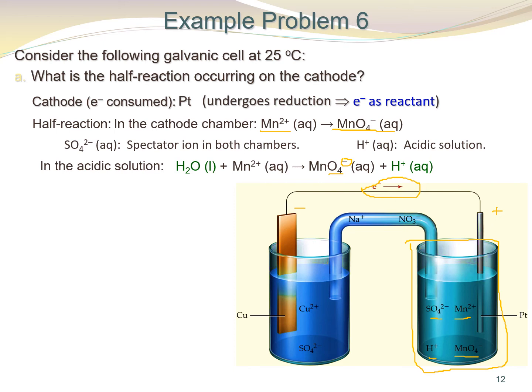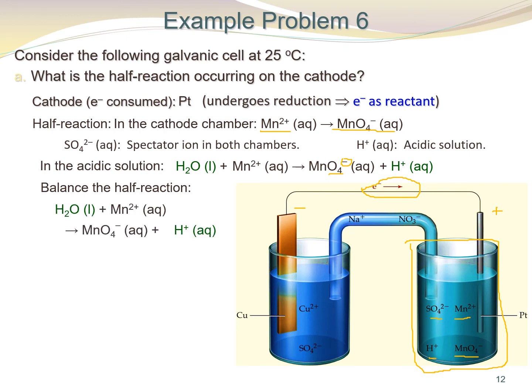Water is going to be on the other side with the manganese 2 plus. Balancing this half reaction is quite easy, because all we have to do is add 8 H plus and put 4 in front of H2O. Now we have every atom balanced in this half reaction.